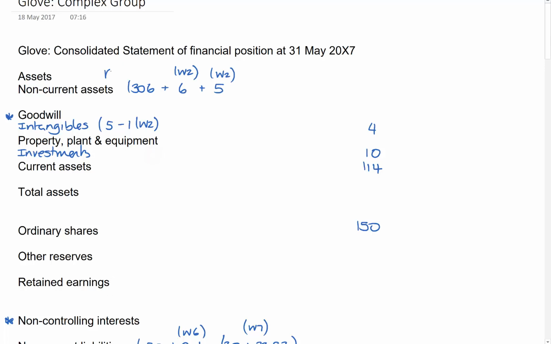So this should be PPE. Let me just ignore that PPE figure there. So I'm adding 3 million to PPE.